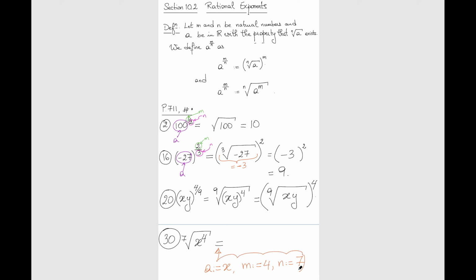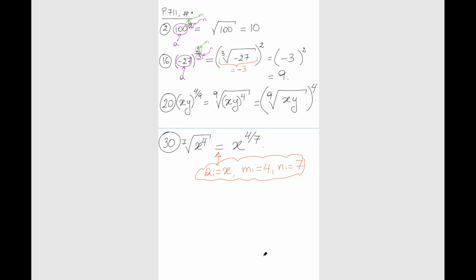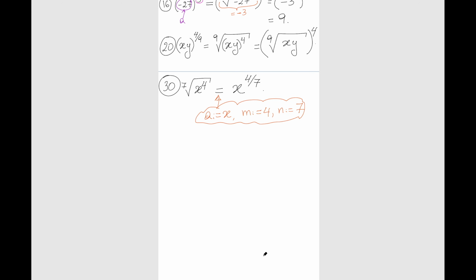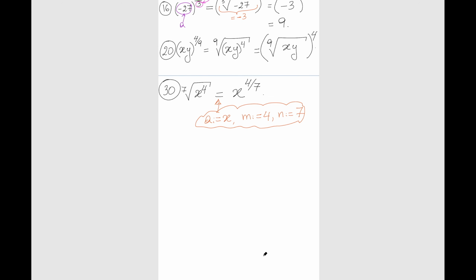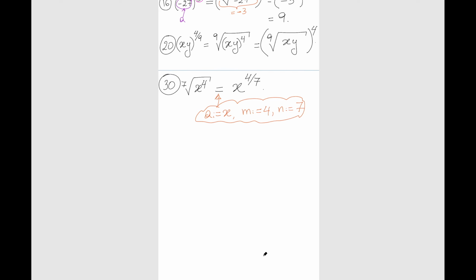So this is the package I'm going to be using, and according to this, that's going to be a to power m over n, which means x to power 4/7. Right? Okay. How about 38?